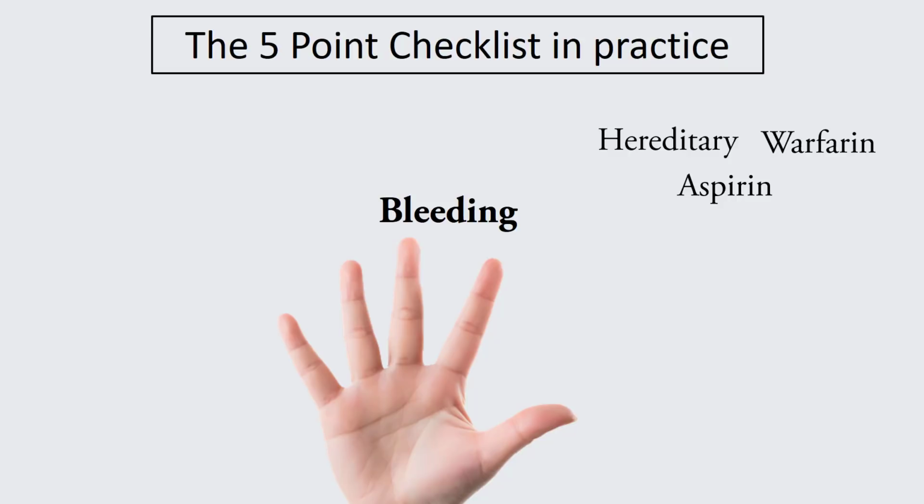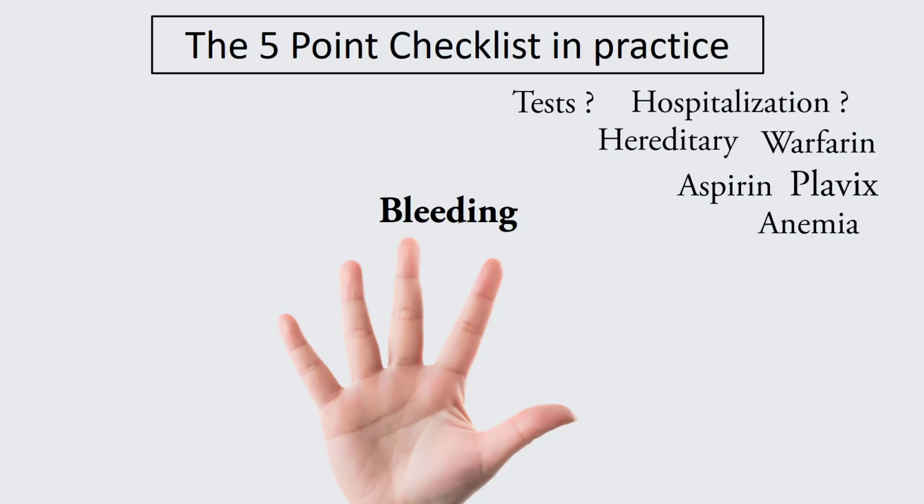However, if the patient was also on other antiplatelet medications such as Plavix, then prolonged bleeding after the procedure is to be expected. Patients with anemias, of course, are expected to have other complications due to bleeding during and after the surgical procedure. So, at this point, you need to consider the need for additional blood tests or medical consultation before starting the procedure. And in some cases, the correct management is to do the surgical procedure in a hospital setting.